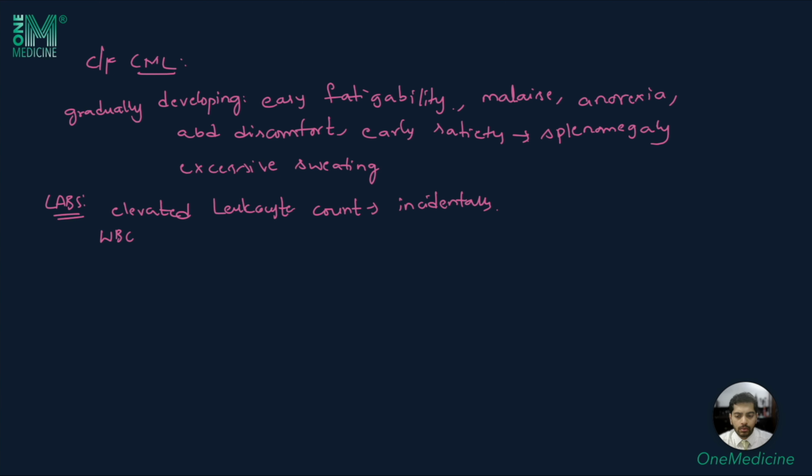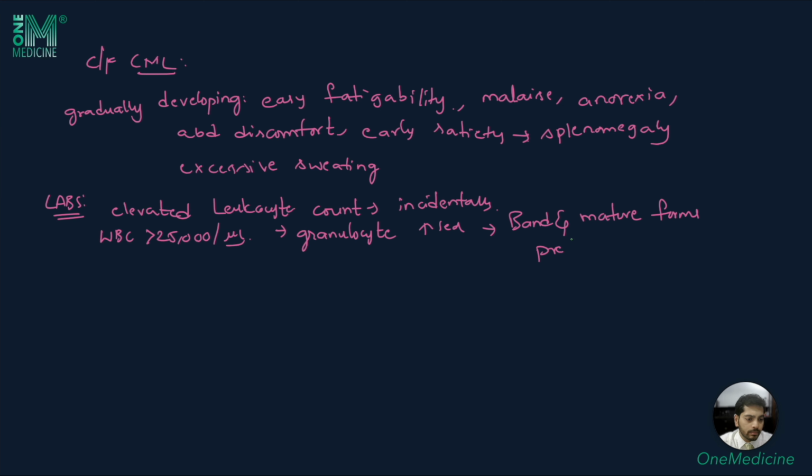The WBC count is usually more than 25,000 per microliter of blood, and granulocytes are increased, but band and mature forms predominate. There can be a basophilia accounting for approximately 10 to 15% of leukocytes.